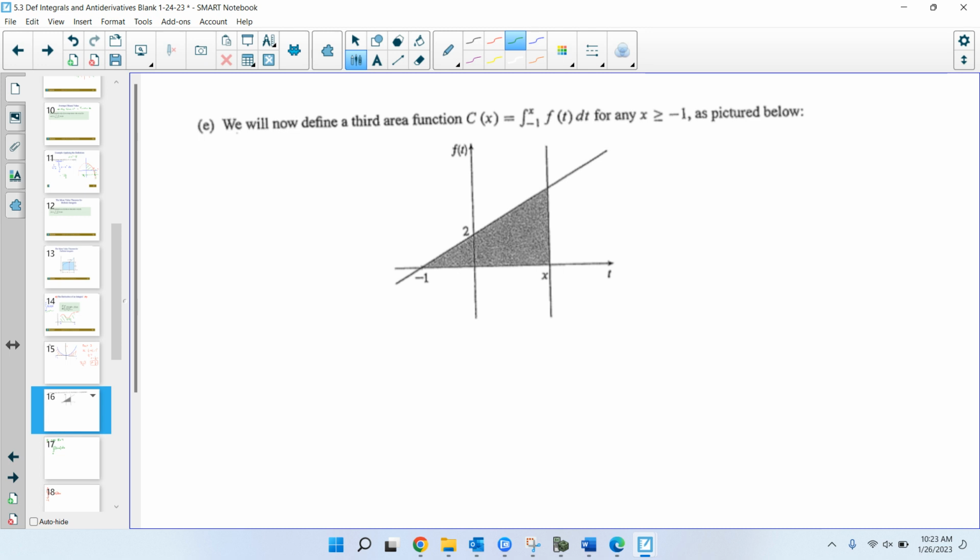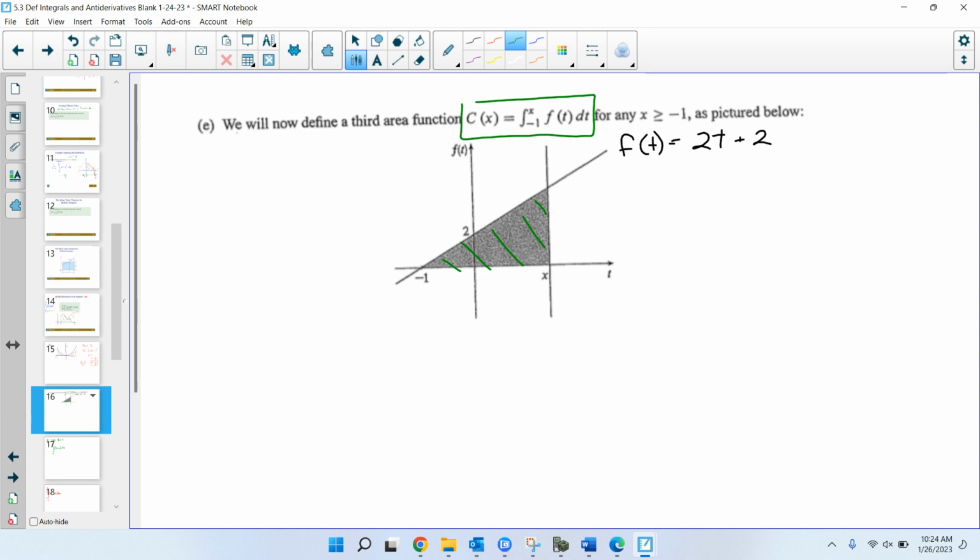Okay, help me out with this. This was f of t. This was f of t equals 2t plus 2. Was it 2t plus 2? So if I were to just do this, wouldn't that be this green area right there?